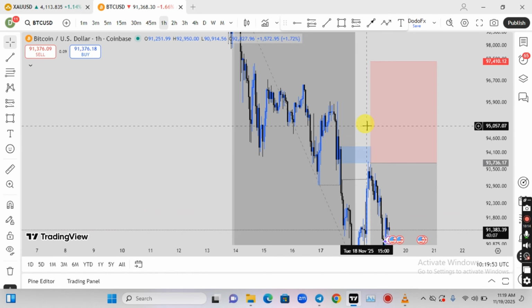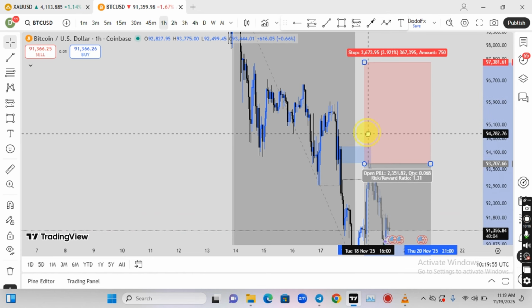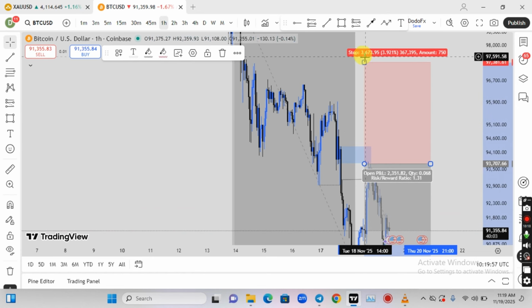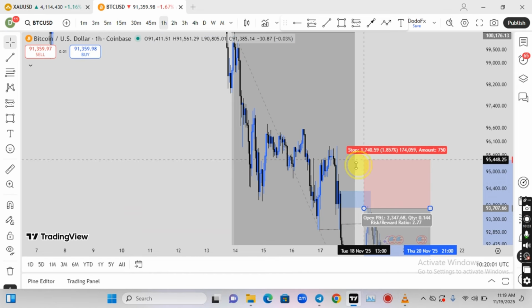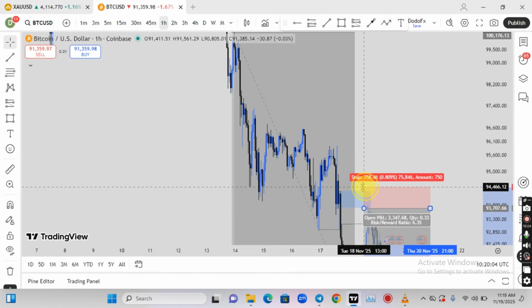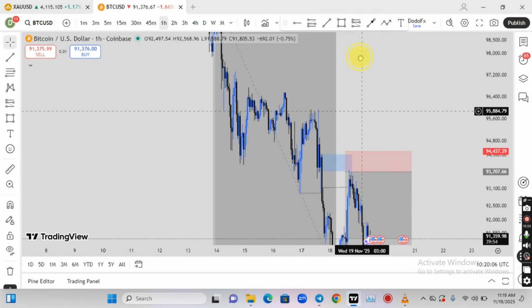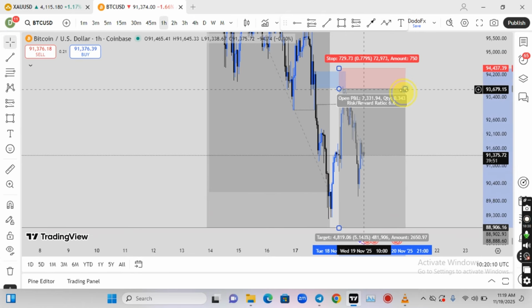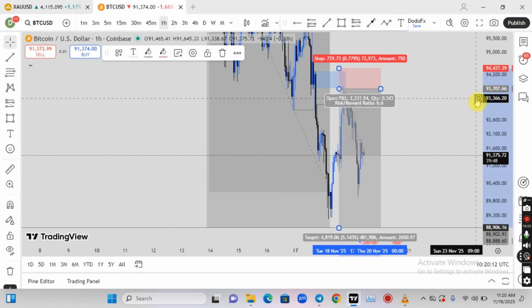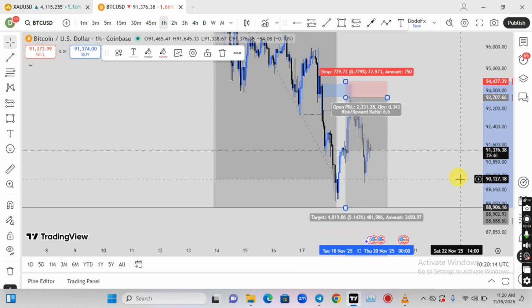Right, I'm using the wick. Then this one will be above the wicks, a little bit smaller, like this. Right, now that I got this, I'm expecting it to go down. That's what I'm waiting for right now.